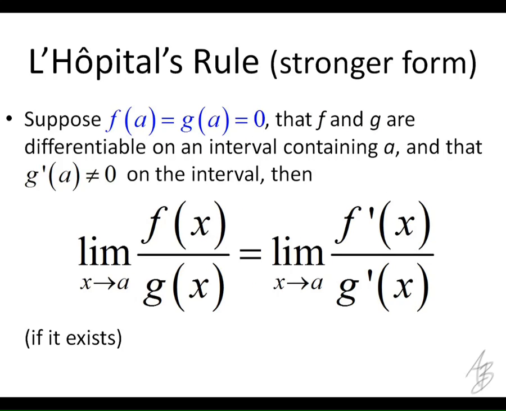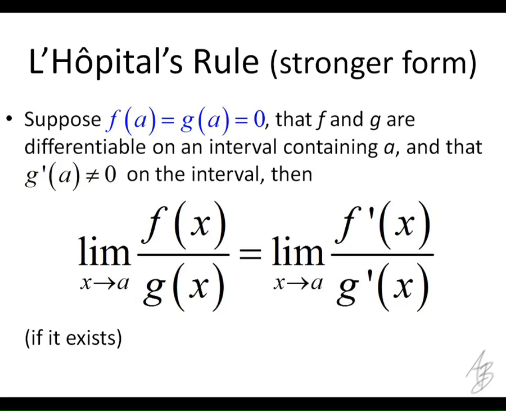Here's a stronger form. I put it up here now, mostly so you can write it down. This is what happens if, in the last example, g prime of a is equal to 0. So if g prime of a equals 0, then we can do the same thing. So this says that g prime of a is not equal to 0 on the interval, I should say when a is not equal to x.